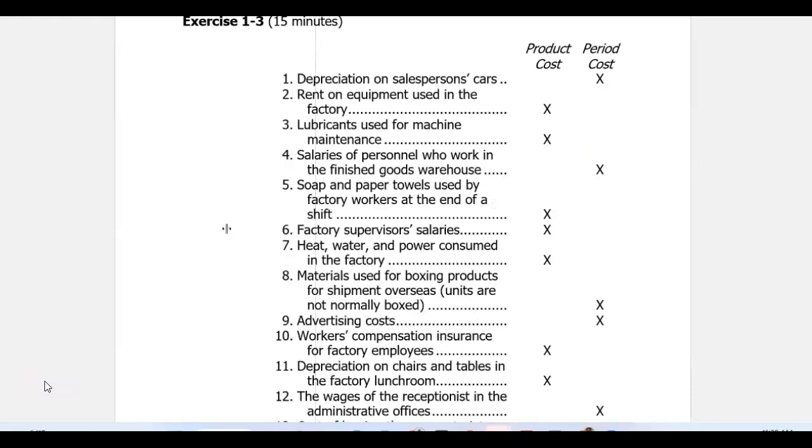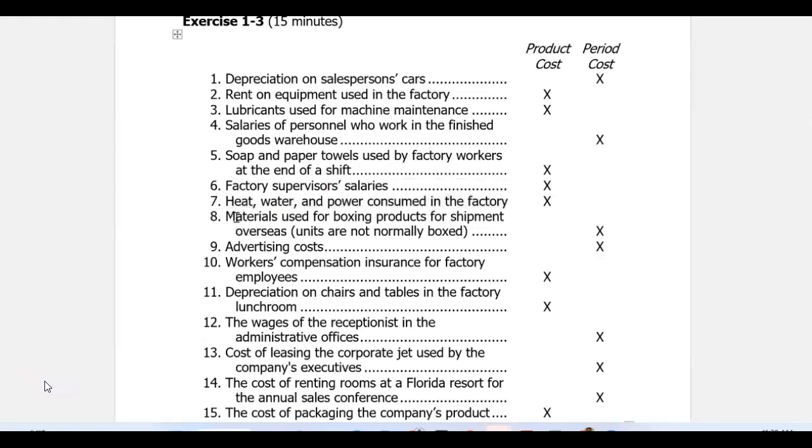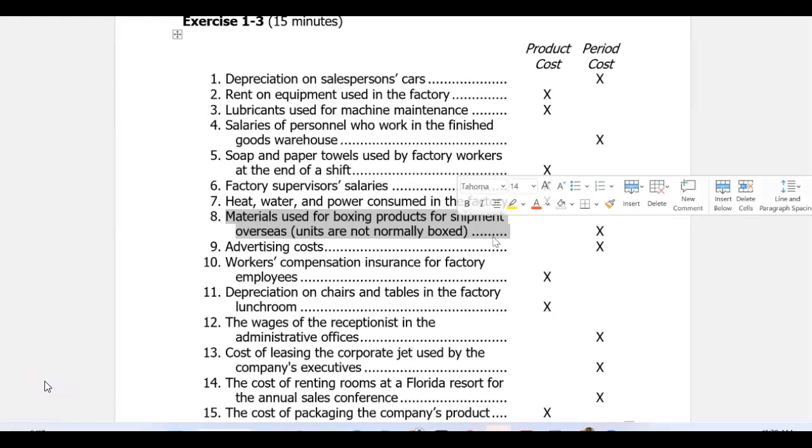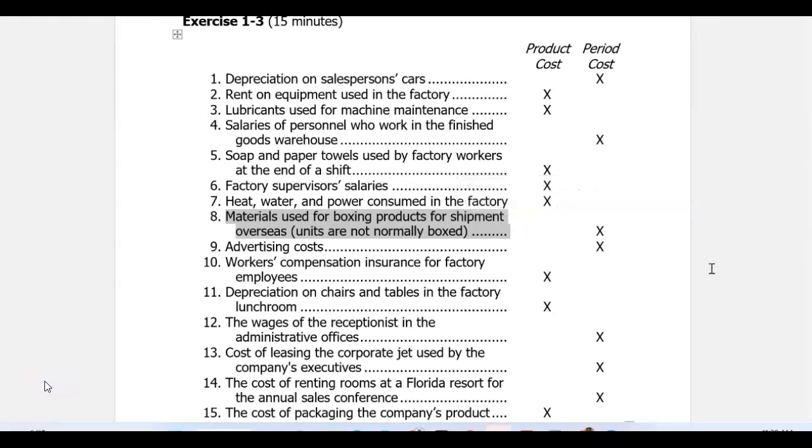Material used for boxing products for shipment overseas. Units are not normally boxed. The normal box will be part of manufacturing overhead, because when you produce something, normally you need to put it in a box and have it ready for sales. But if it is an extra box that you need to use in order to send it overseas, that extra box is part of freight cost.